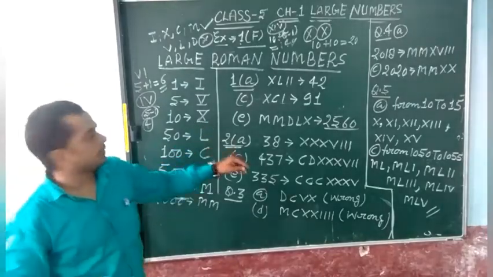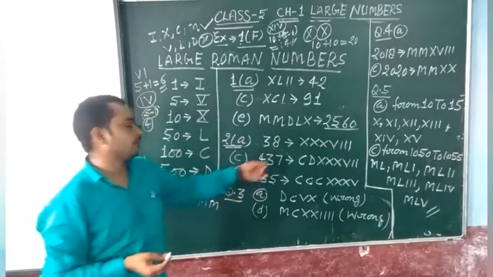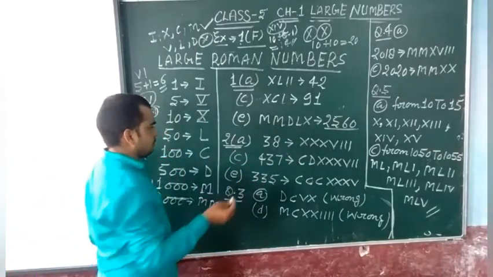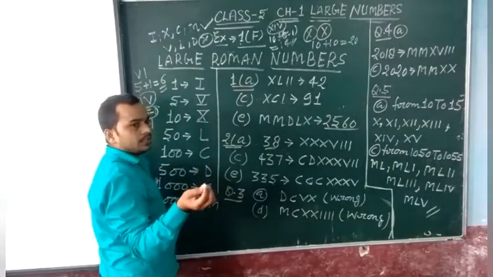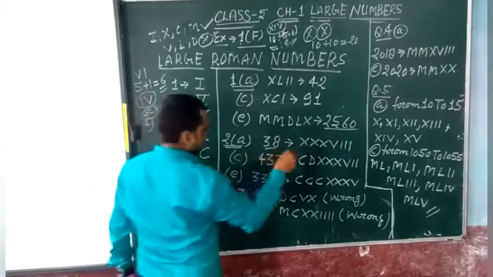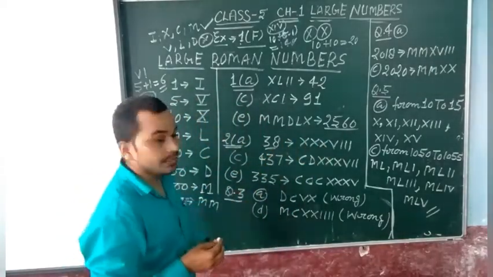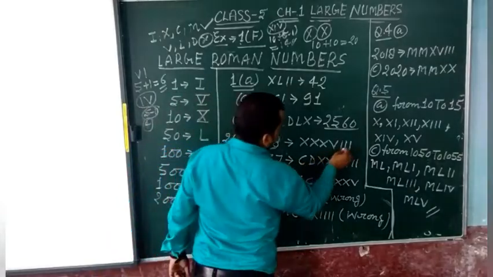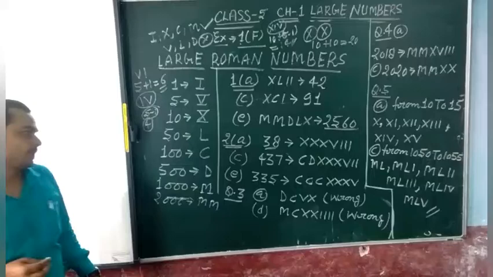Now write in Roman numerals; the Hindu-Arabic numbers are given. So 38. 30: the symbol for 10 is X, 3 times, so XXX. Then 8, so VIII. So that is 38.